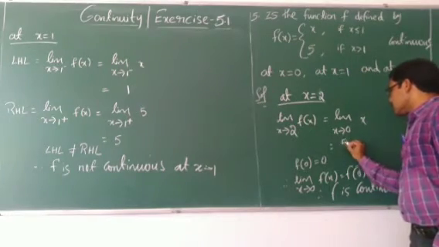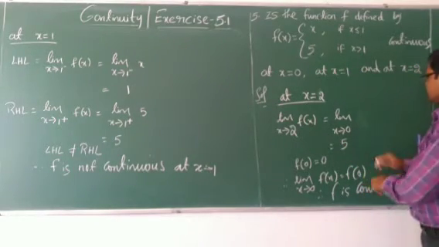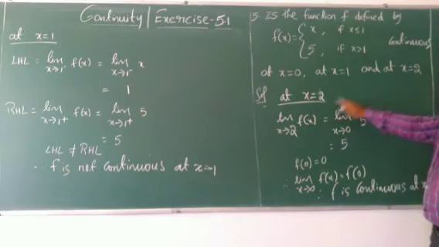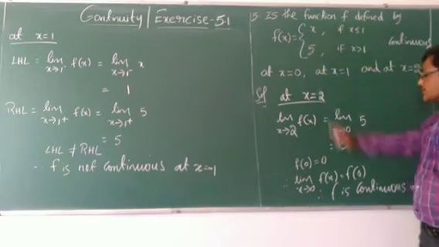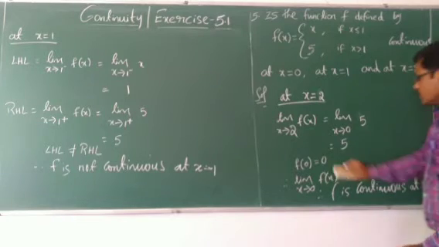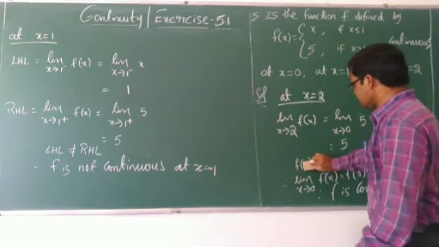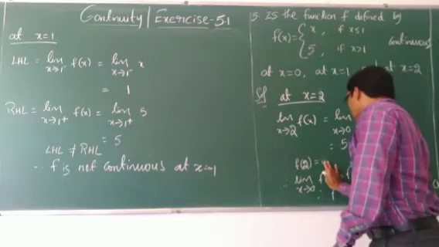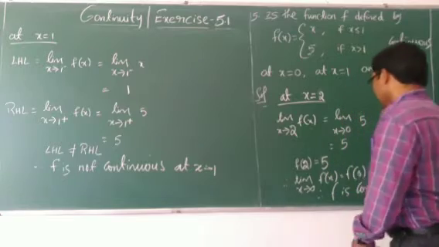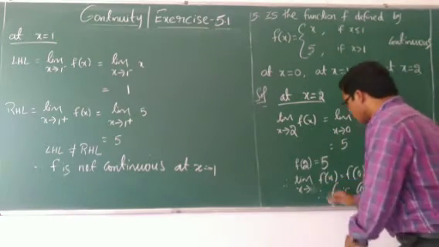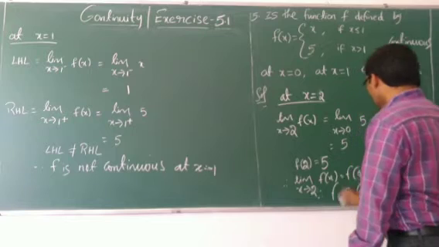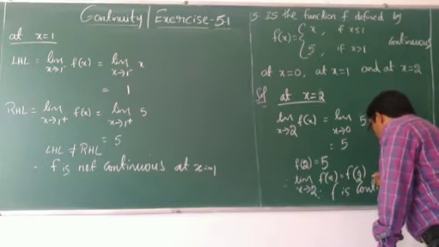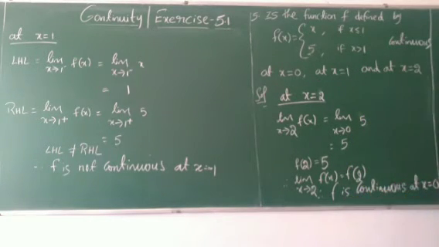So this value will be equal to 5. For f of x with x greater than 1, it is 5. So we take 5. And f of 2, that is greater than 1, is equal to 5. So at 2, limit as x approaches 2 of f of x is equal to f of 2. Therefore, f is continuous at x equal to 2.